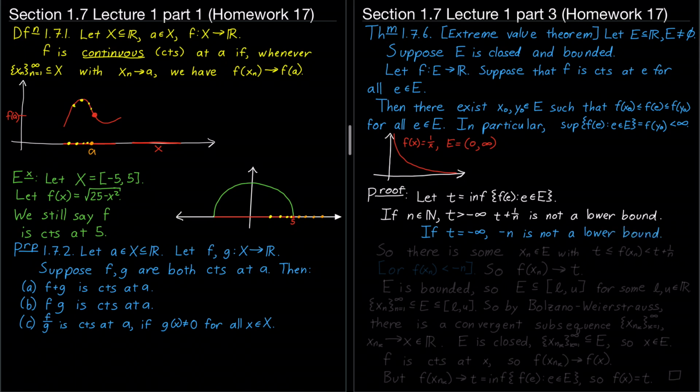And so there is some, let's call it xn in E, with f of xn less than T plus 1 over n, or in the case where T is negative infinity, f of xn is going to be less than negative n.